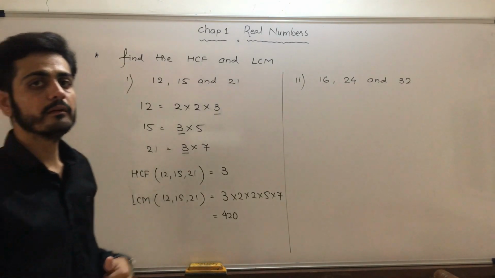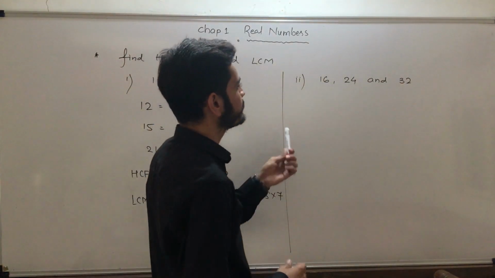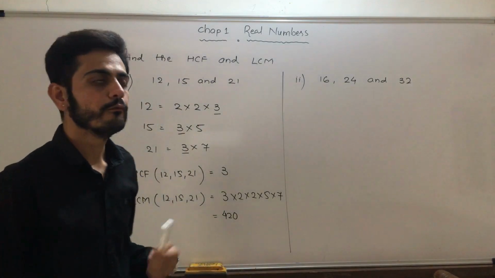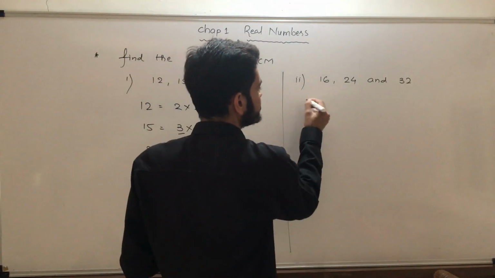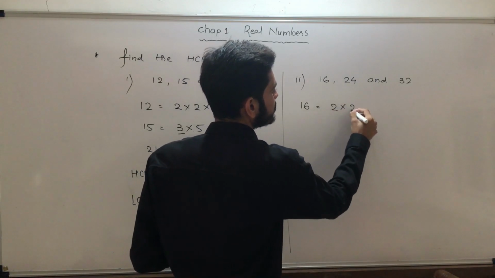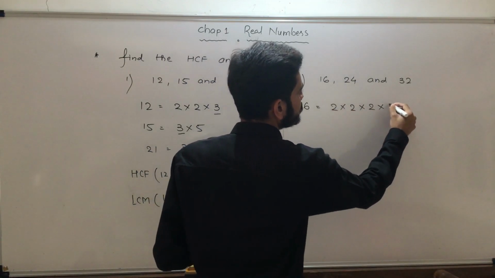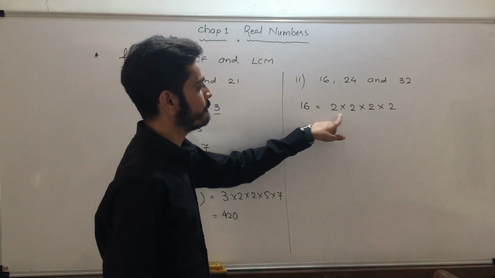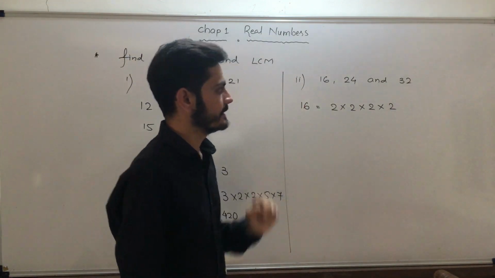Let's take another example to make it very clear. Again, 16, 24 and 32. First of all we will do the factorization of 16, and it is 2 into 8, 2 into 4, 2 into 2. So 2 twos are 4, 2s are 8, 2s are 16.